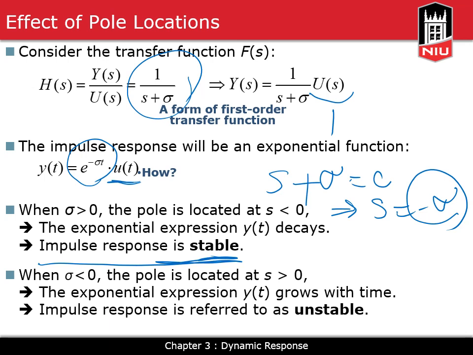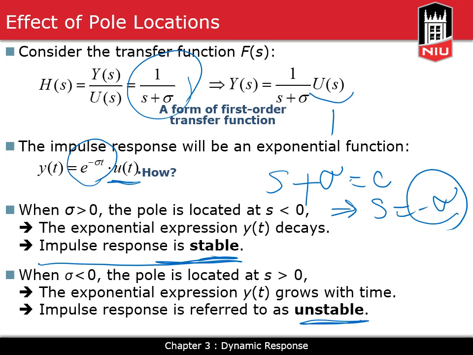So the impulse response in this case is unstable, increasing or diverging. You can see a very big difference for a positive or negative value of sigma, or basically the location of the pole on the s-plane, whether it's on the right half plane or the left half plane.